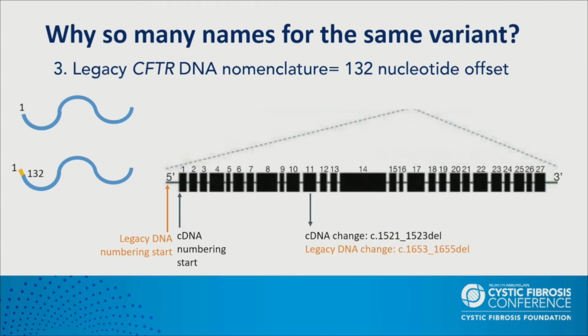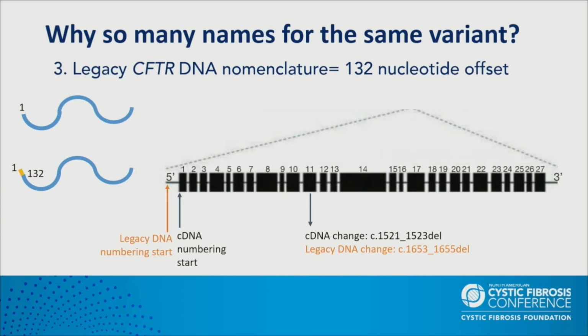And because of that, you can describe the DNA change that leads to F508 del alternately as a deletion at positions 1521 through 1523, or using the legacy numbering as 1653 through 1655. And so I think with that, we've accounted for all of those different versions that popped up in the earlier slide of how you can depict F508 del.